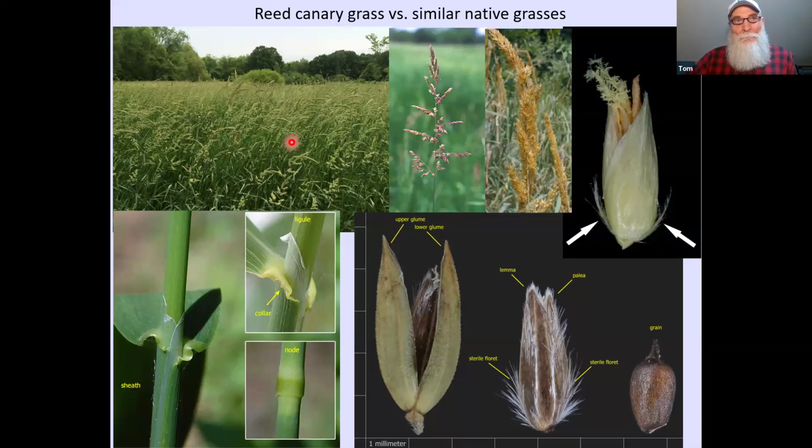It's very hard to tell because the European cultivar version, which is the aggressive invader, is very similar looking in many ways to the native one.